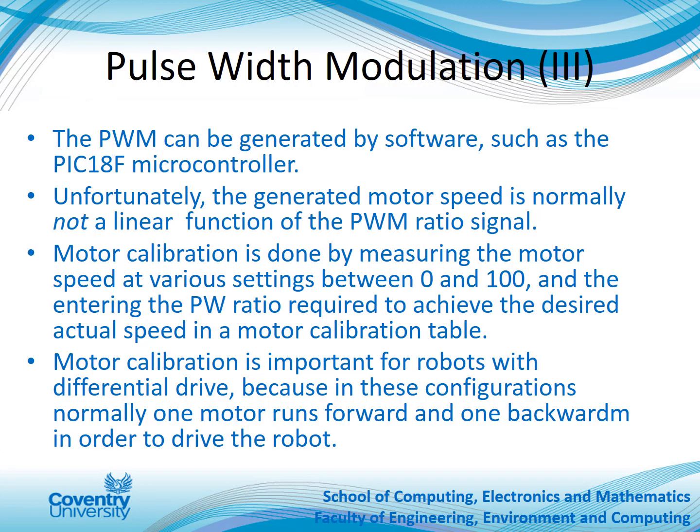Pulse width modulation can be generated by software, such as with the PIC18F microcontroller or other microcontrollers, such as the M68332. The PIC18F has two onboard PWM generators, and you can multiplex those to get more, and you can also modify the timing signals to do other things.